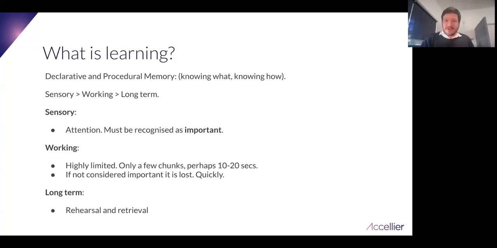Declarative memory is when we know what something is, so recalling facts and figures. Procedural memory is when we know how to do something, so being able to perform a skill. Learning has been successful, typically in vocational education, when our learners know the right knowledge and know how to perform the skills as they relate to, say, a unit of competency.